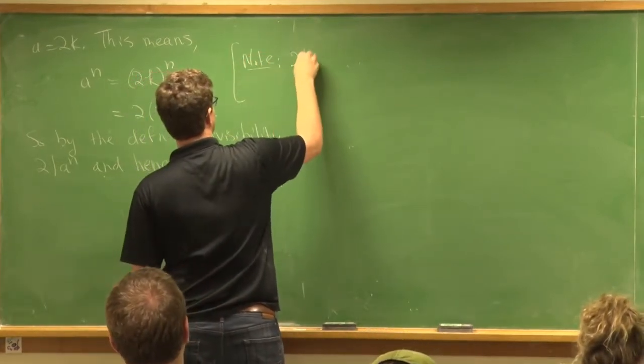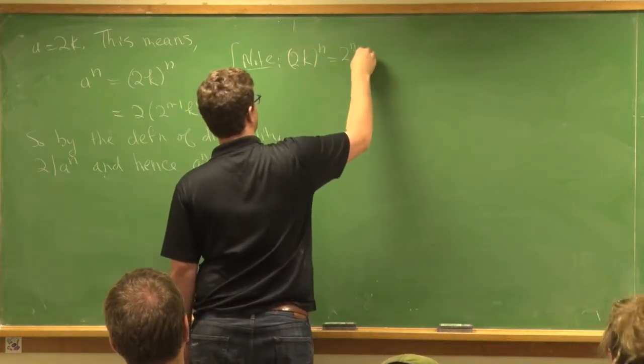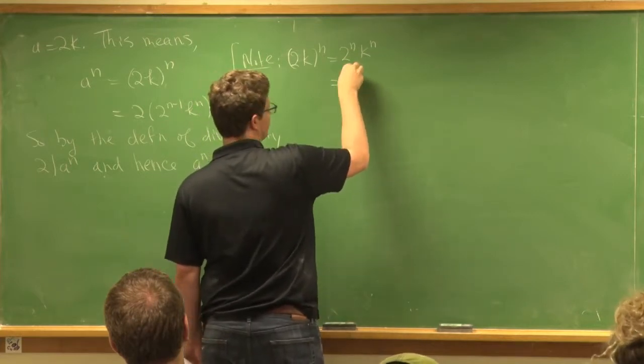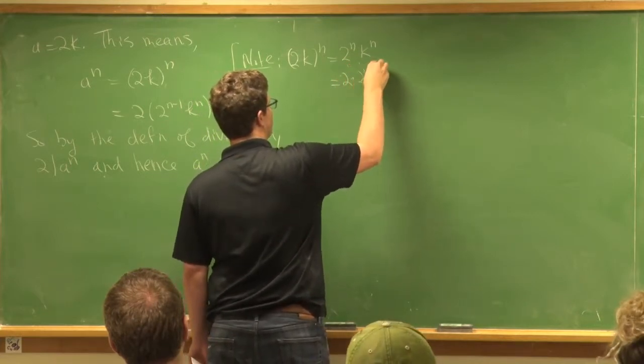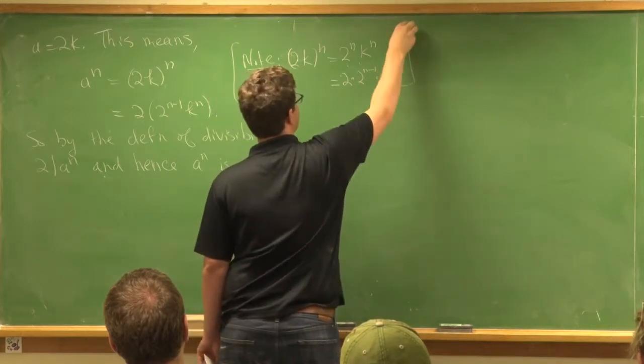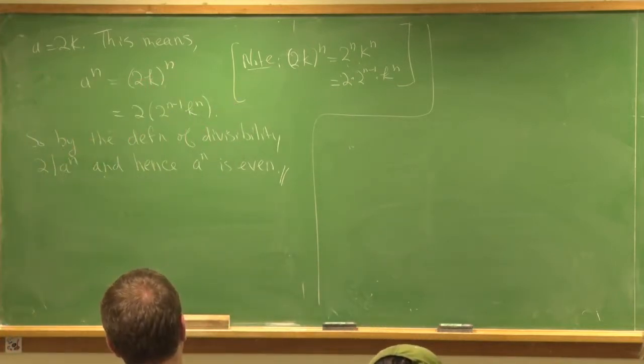So (2k) to the n is really 2 to the n, k to the n. And then I could break this up further: 2 times 2 to the n minus 1 times k to the n. So that's what I did there. Okay, does that make sense? Everyone seems cool with this?